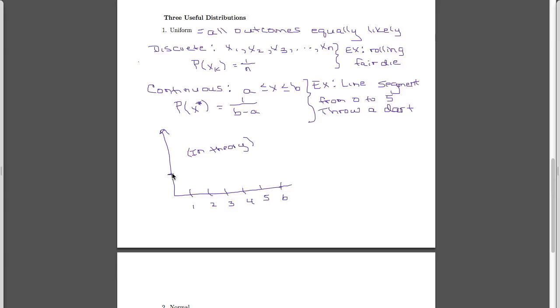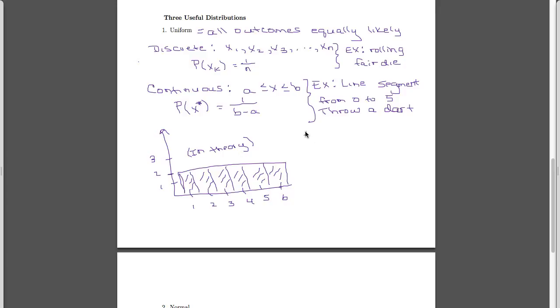If we roll that die, let's say 12 times, what we expect is each one to come up twice, right? They're equally likely. So in 12 rolls, we should expect to see 2 of each outcome. So the histogram would be very even.